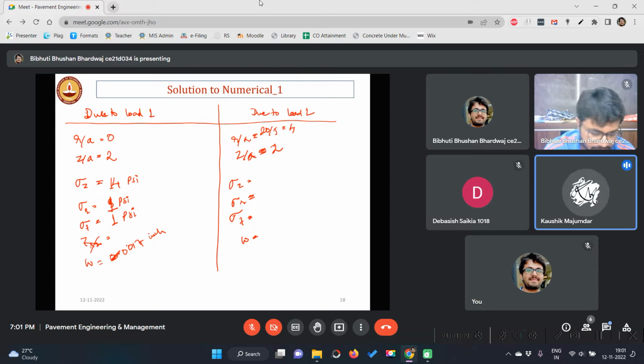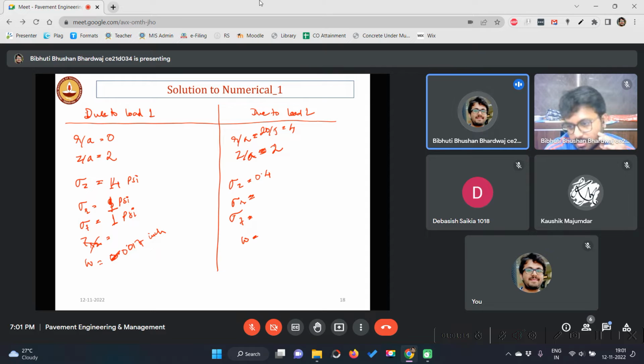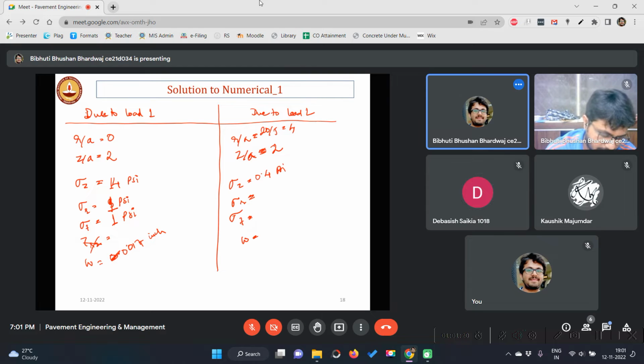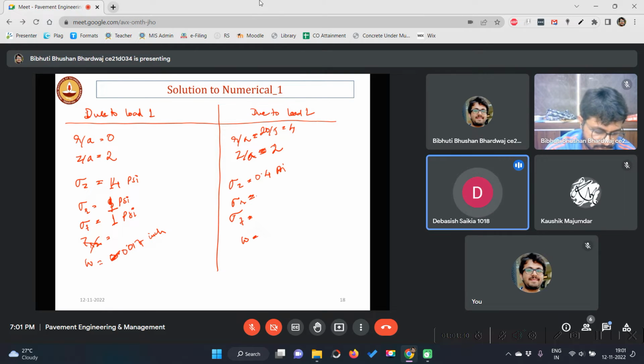So sigma Z is 0.4 psi. Sigma R is 1.25 psi.